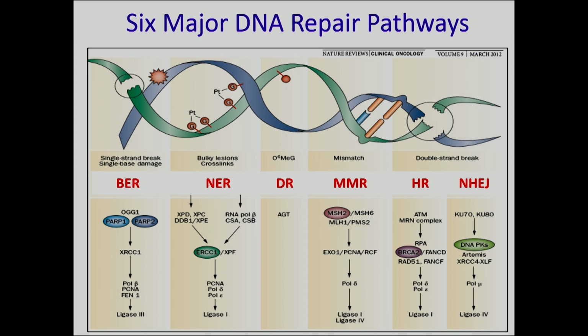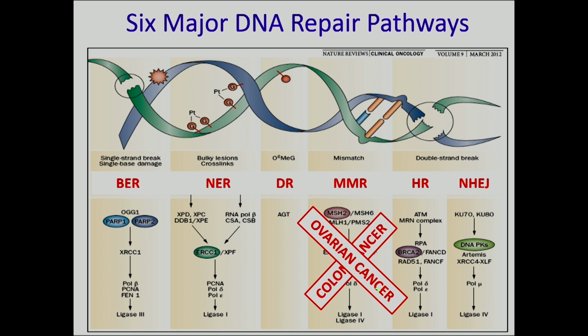And the reason we know that is because there are human diseases that have defects in any one of these pathways that have dire consequences. For instance, some defects in base excision repair predispose people to colon cancer, to neurodegeneration, to skin cancer, and ovarian cancer if you're lacking mismatch repair.